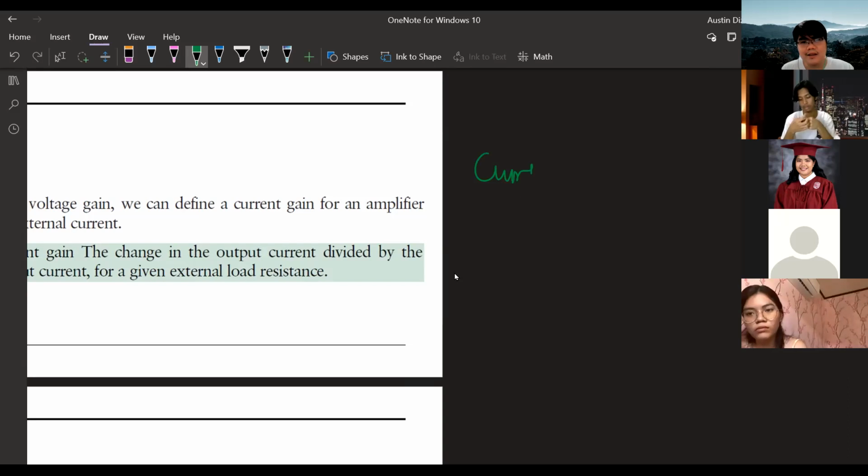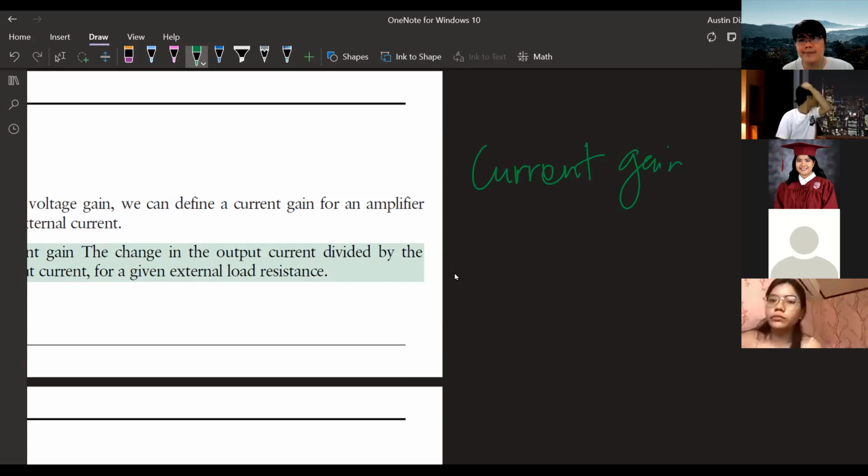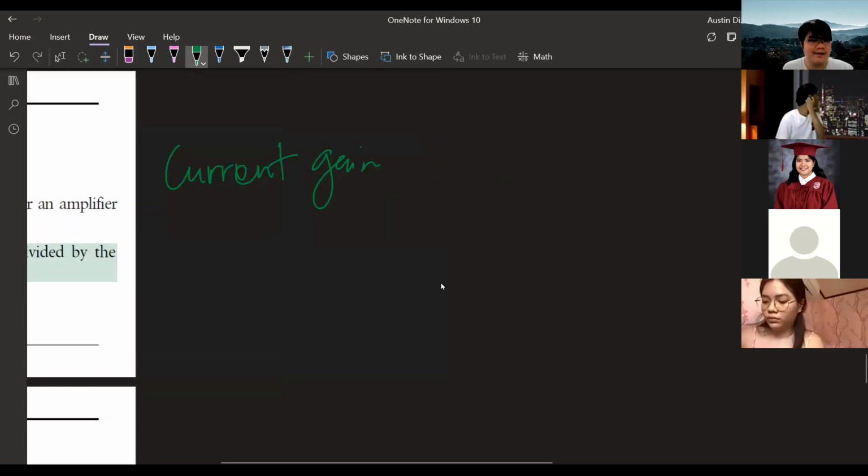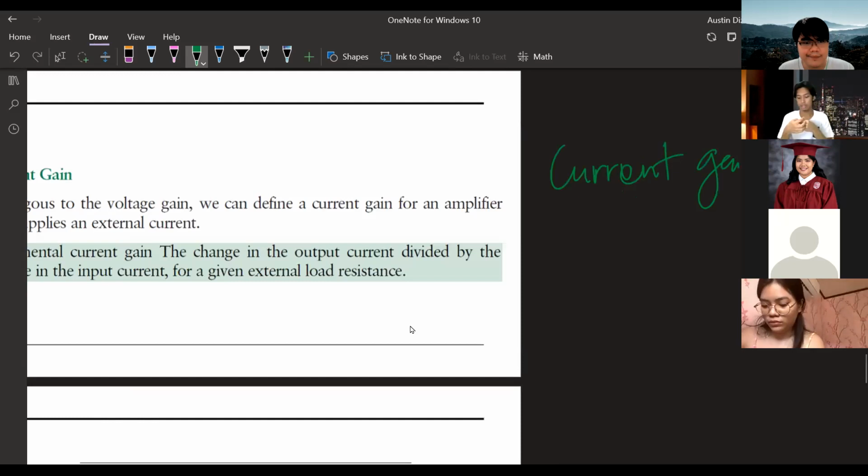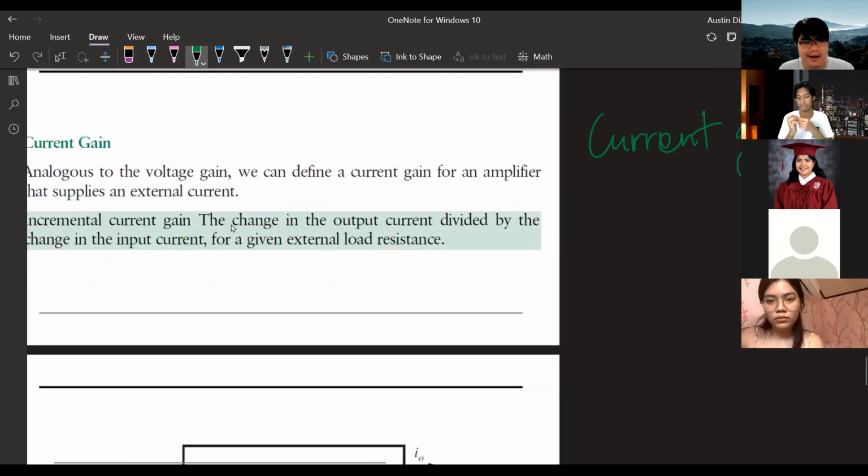Current gain is equal to I output over I test. Okay. So, magte-testing ako sa input, titingnan ko ngayon yung output.